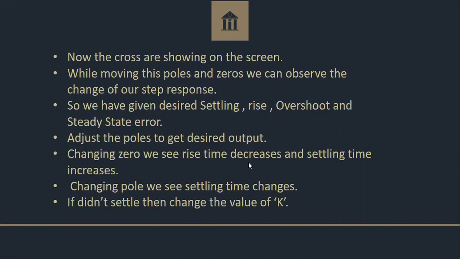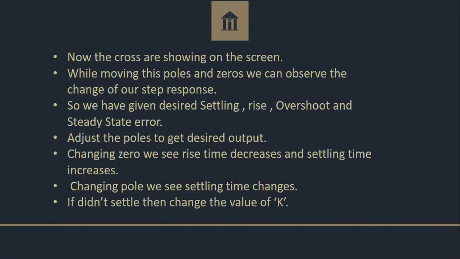Now I'm going to tell you what will happen if we change the zero and what will happen if we change the poles. When changing poles, we see rise time decreases and settling time increases, and vice versa. If you move poles in the forward position, it will increase, and in the reverse position it will decrease.